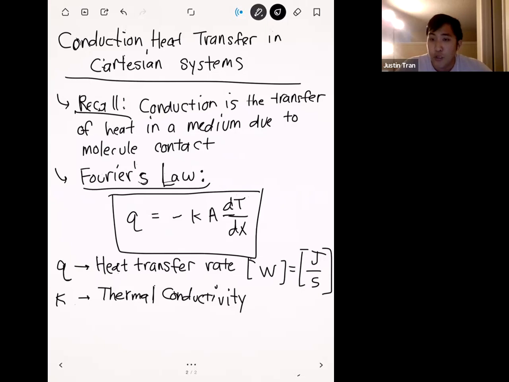Question: would the units for this be watts per meter K? Yes, actually. The units for thermal conductivity are watts per meter K, where K stands for Kelvin.